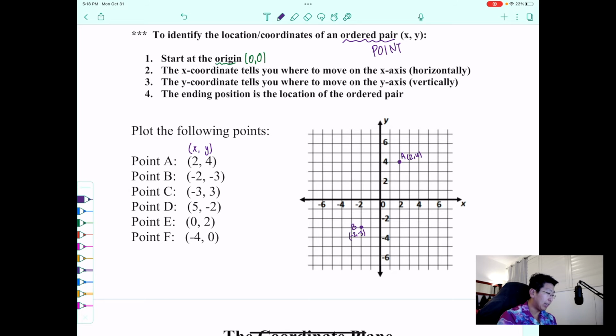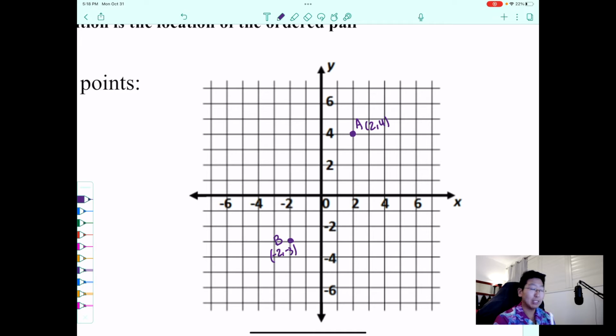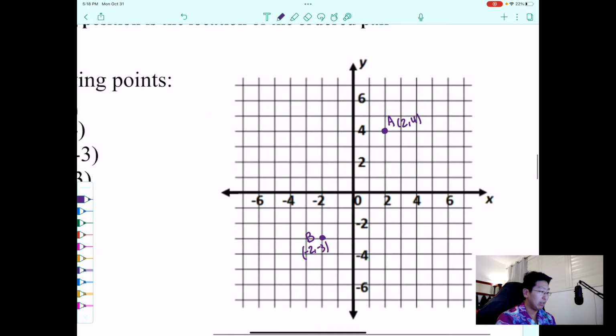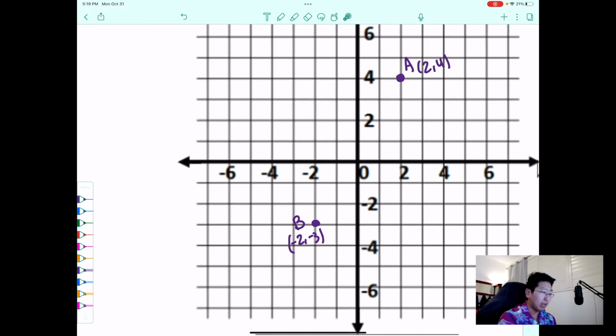Point C, (-3, 3). So I'm going to go find -3 on my x-axis. Why? Because -3 is my x value. These are all my x values, and these are my y values. So for this specific point, (-3, 3), go find -3 on my x-axis, and I'm going to repeat that a lot.